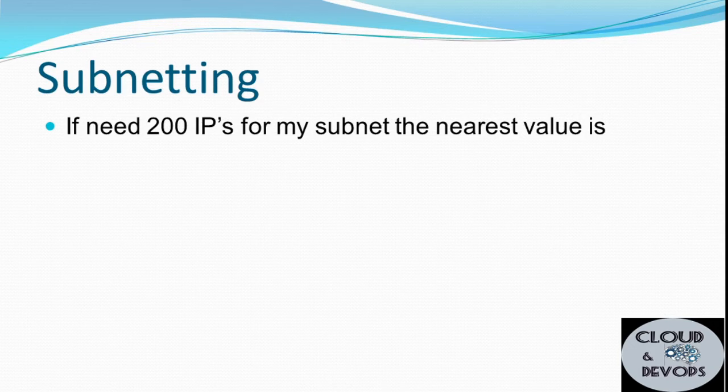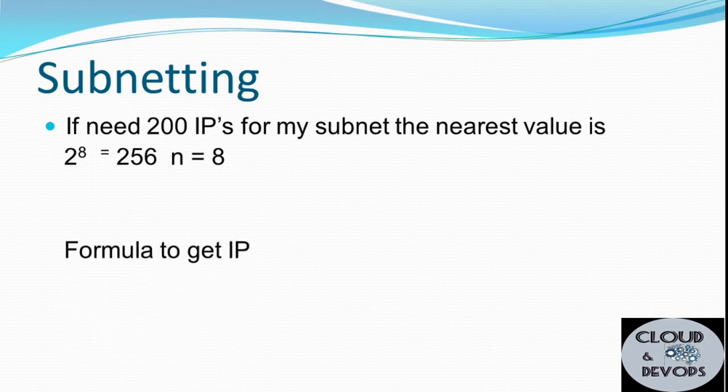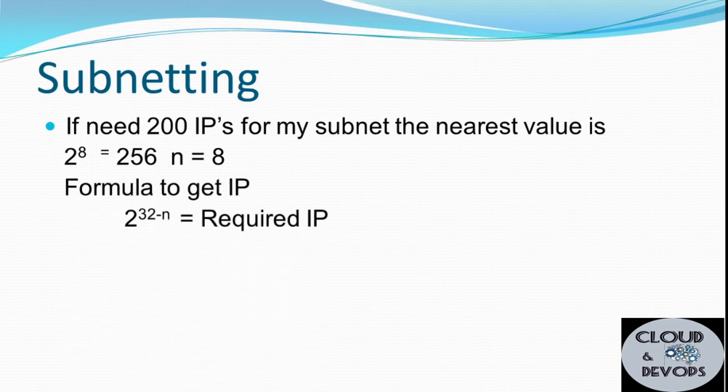The nearest value is 256, which is 2 power 8. So I have to reduce it from the network, which means 2 power 32 minus n, so I will get the required IPs. So 2 power 32 minus 8, which is 2 power 24. Then the subnet mask is going to be 24.